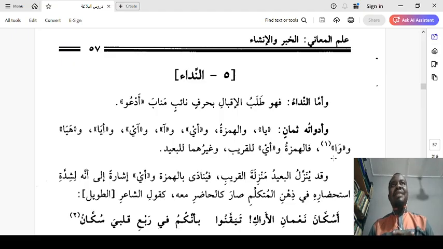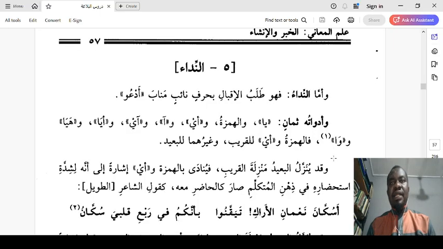It is an article of lamentation. It is like you have somebody that is dead or something like that, then you say wa Muhammad. It is an article that is used for expressing pain, expressing your lamentation over somebody that you've lost or something like that.